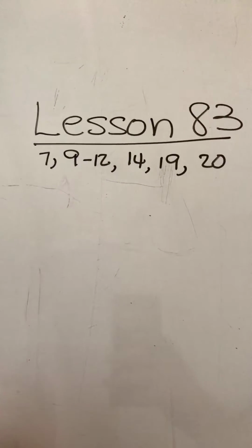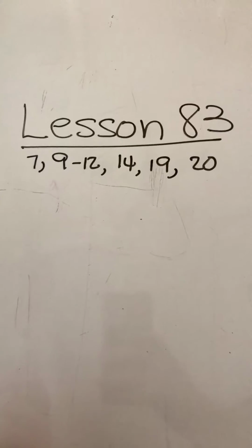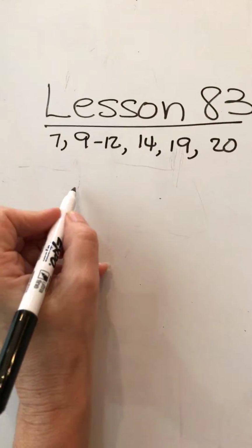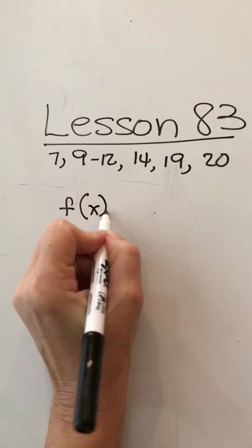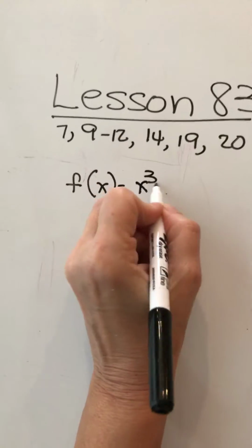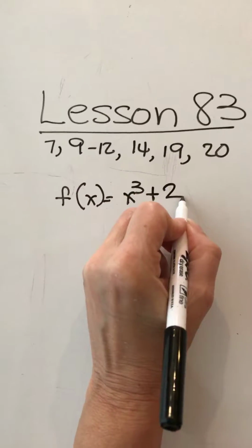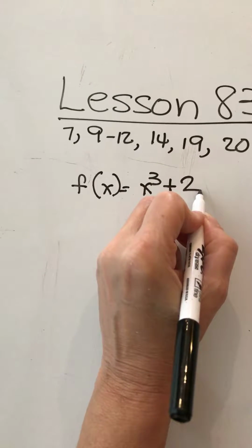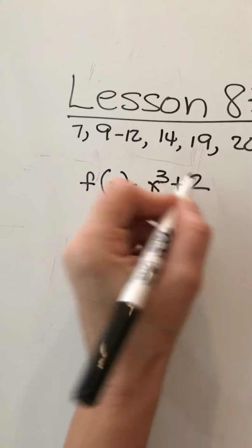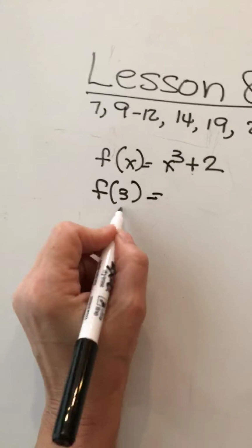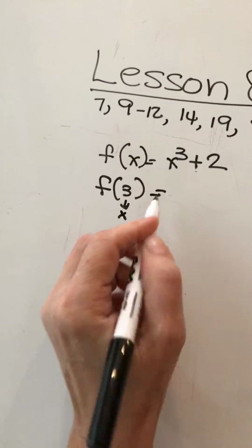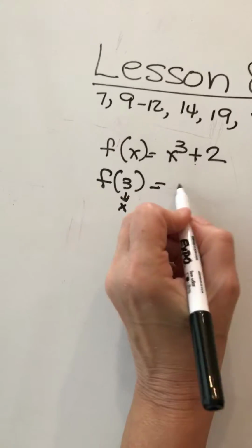The first one is number 7 on page 344. The problem is if f of x equals x cubed plus 2, find f of 3. This is what we plug in for x in the equation.